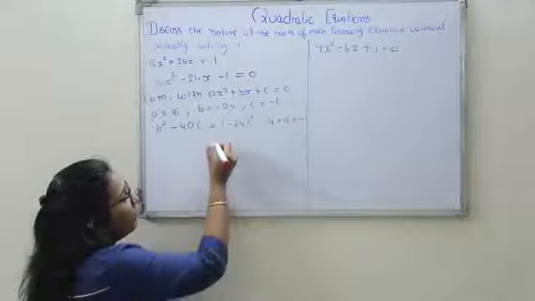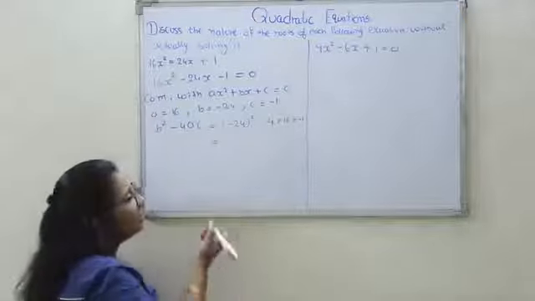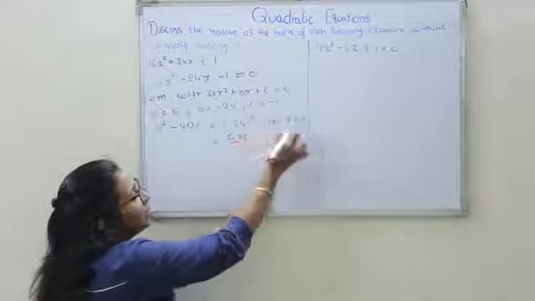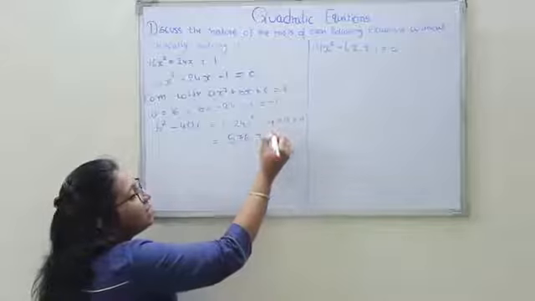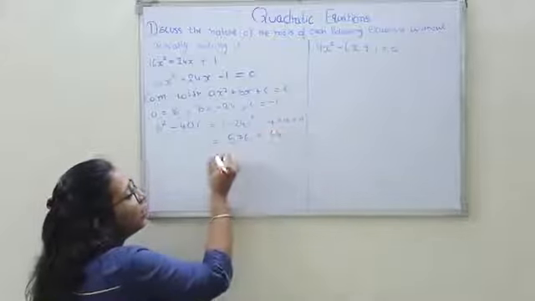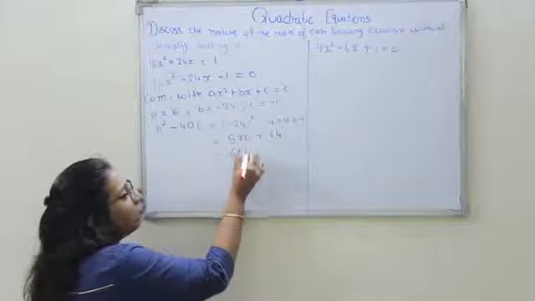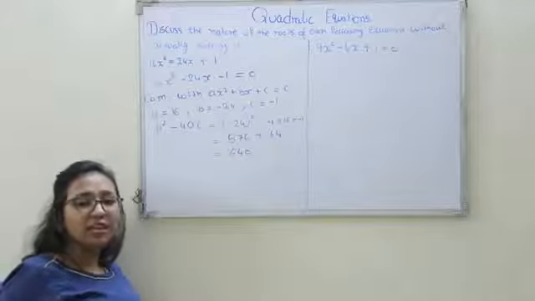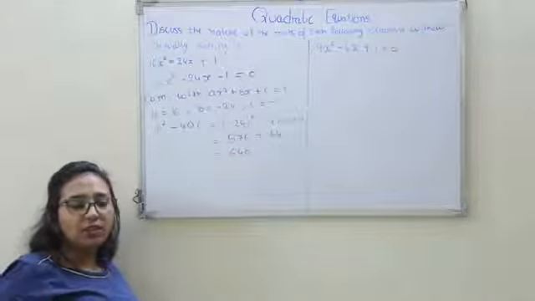The square of 24 is 576 and the square of a negative number is always positive. 576 plus 16 into 4 is 64, and when we add we get 640. So children, here you got the value of b square minus 4ac as 640, which is a positive number.